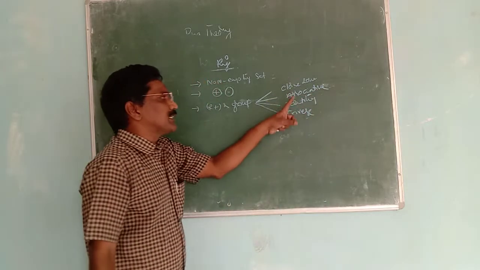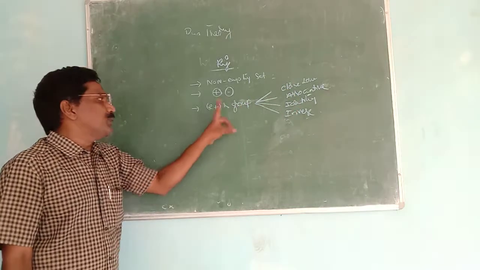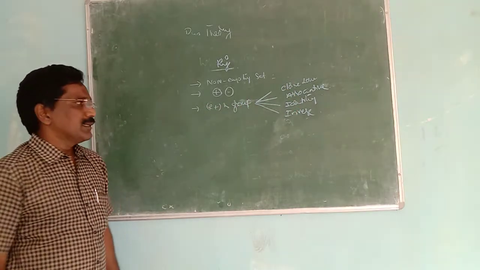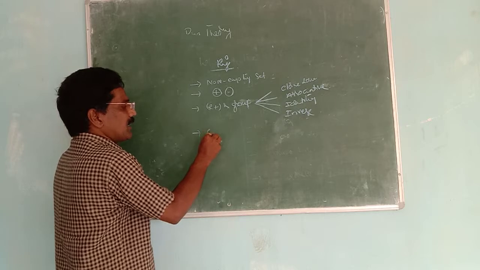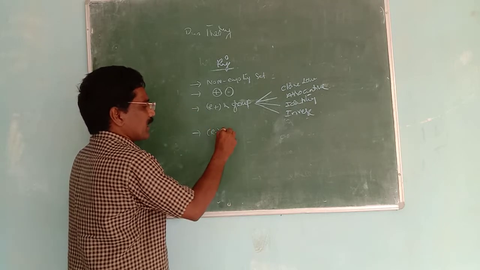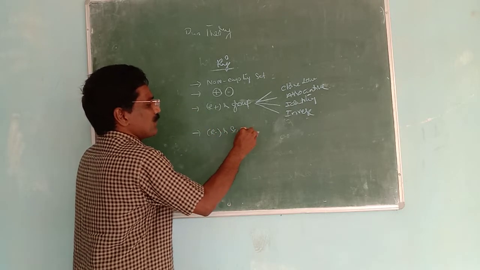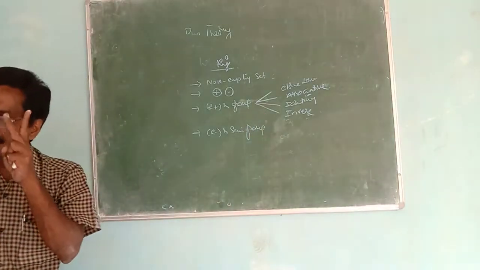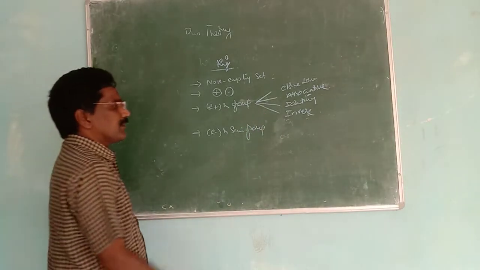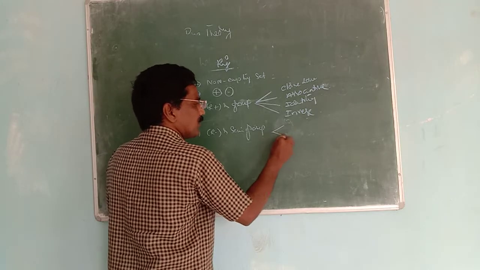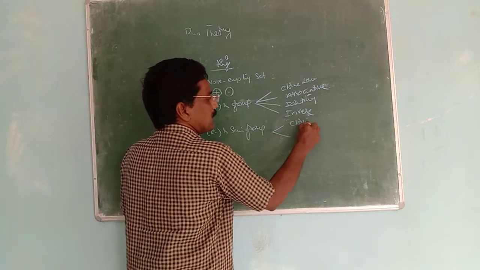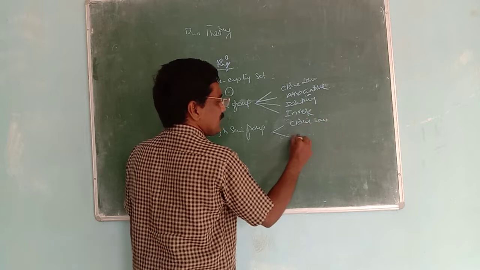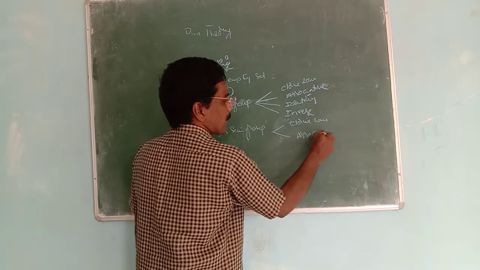The four conditions are satisfied in the group, R plus is a group. Next, R dot is a semi-group. Semi-group means only two conditions: closure law and associative.